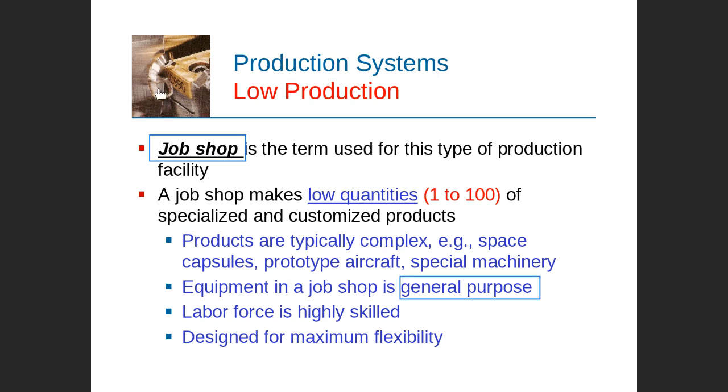Labor in this job shop must be highly skilled. Why should people be highly skilled? To be able to adapt to the new production. First time a car, second time an aeroplane, so people must be highly skilled to adapt to the new production. This is a design for maximum flexibility.